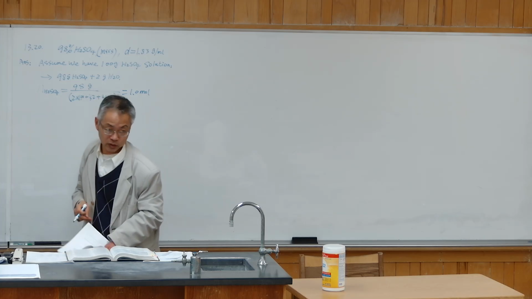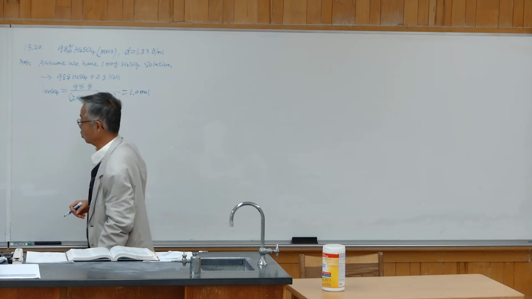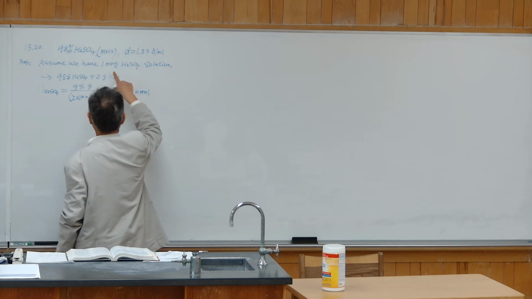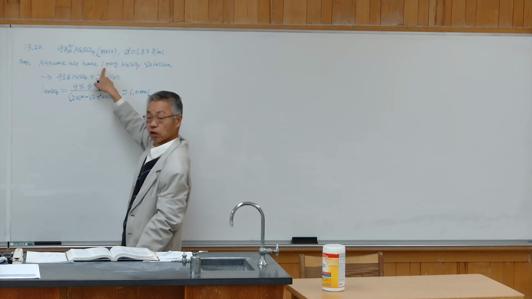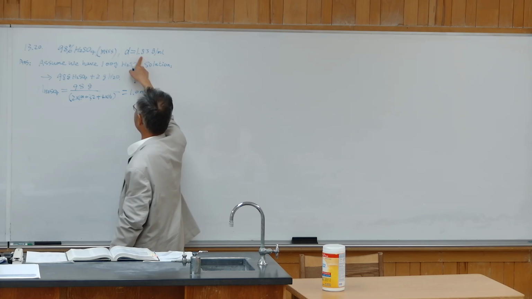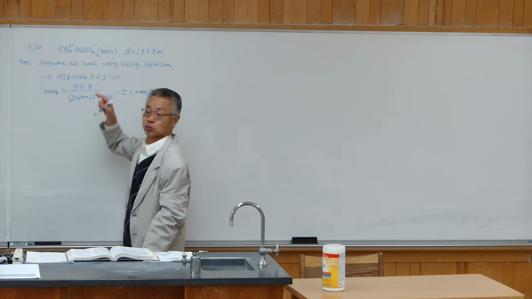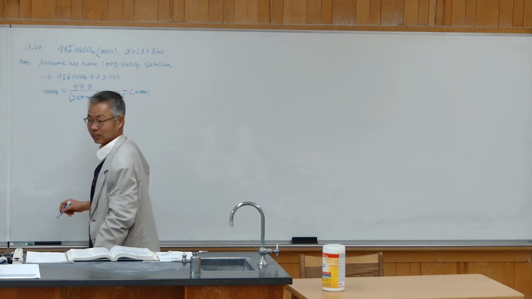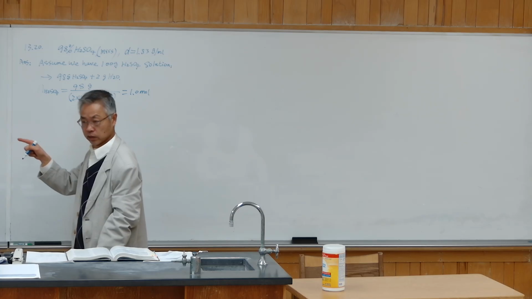So next we need to figure out the liter. What is the liter? We have mass. We assume we have 100 gram of solution, and we have density. Of course, we can calculate the volume, because density is mass divided by volume.